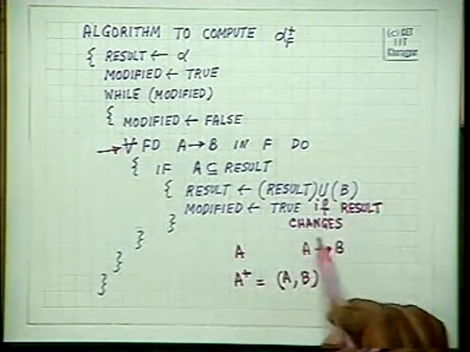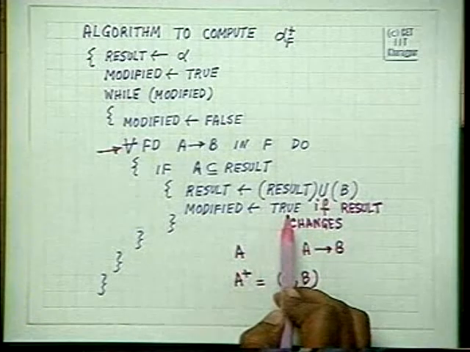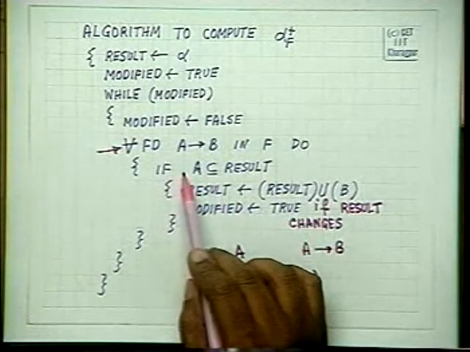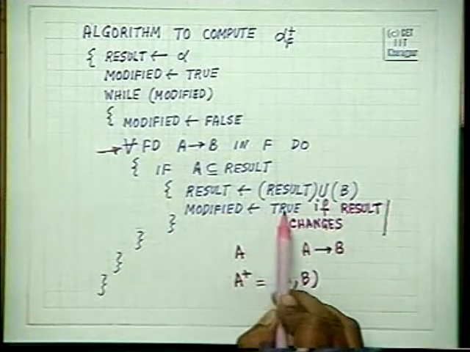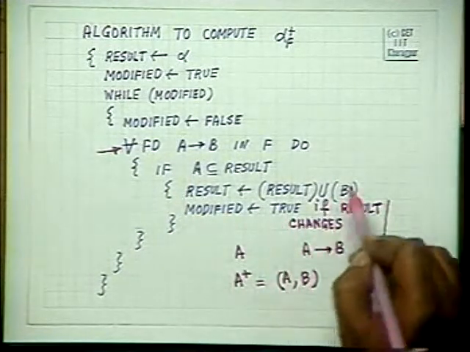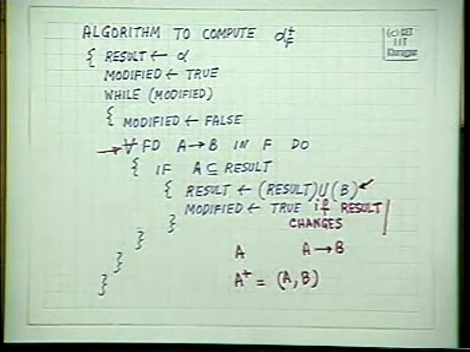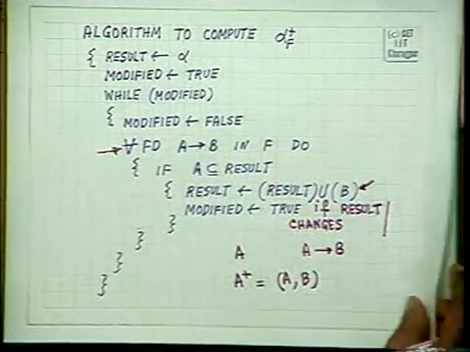That is, result would not change, but still modified would be true, and the program would go into a loop. So to prevent that loop, we must make sure that modified is made true only if actually something new is entered into this set. So this is a simple algorithm to compute the closure of a set of attributes.